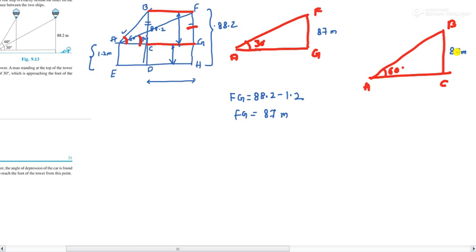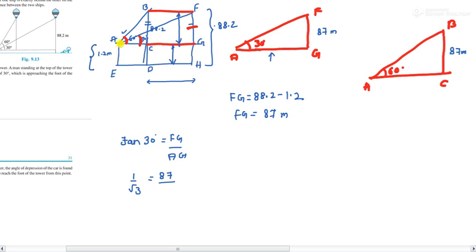Yes, sir. Okay. So using the first figure, here I will use tan 30 degree equals FG by AG. Tan 30 is 1 by root 3, FG is 87, and AG, this part is AG.